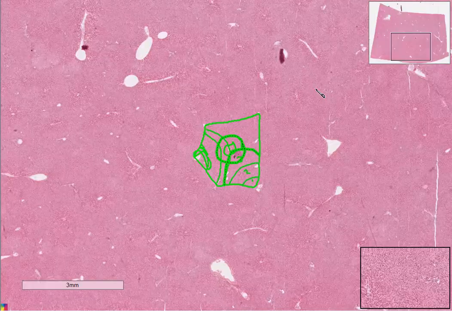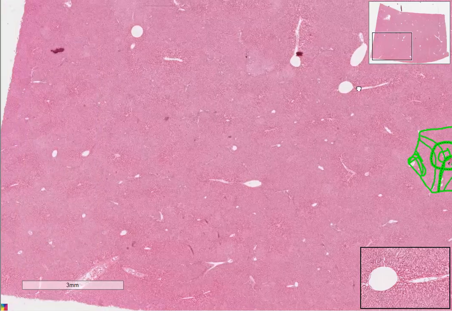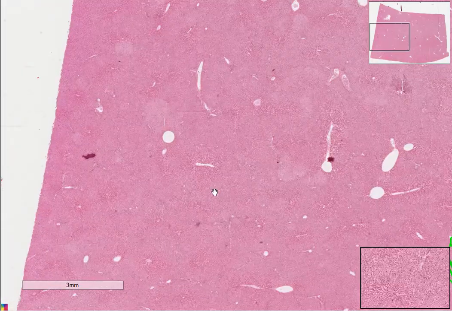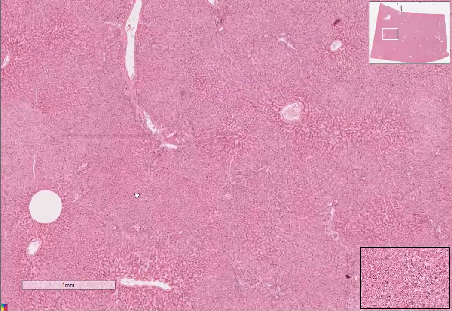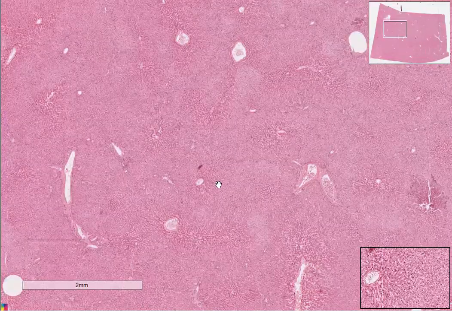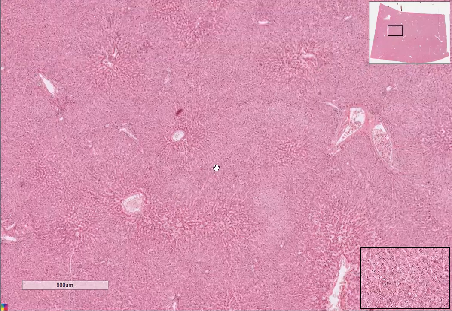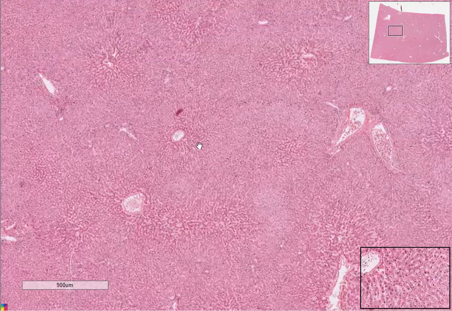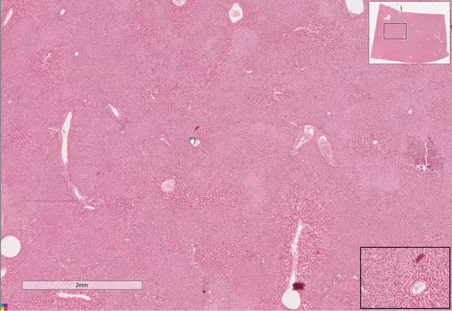So again, if I come in this area, I'm sure now you can make out a hepatic lobule if I went down and look first for a central vein, and then you can make out a nice hepatic lobule. And remember the hepatic sinusoids radiate from the central vein like the way they are here.